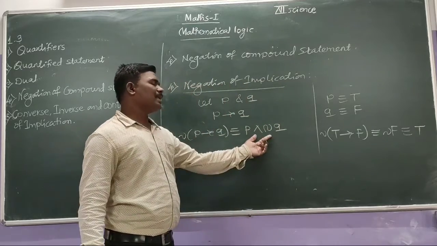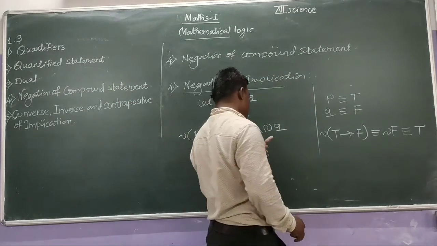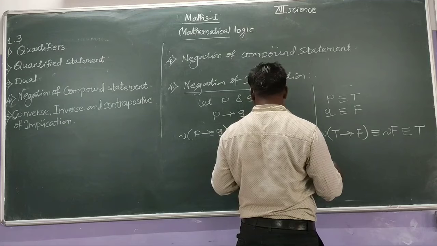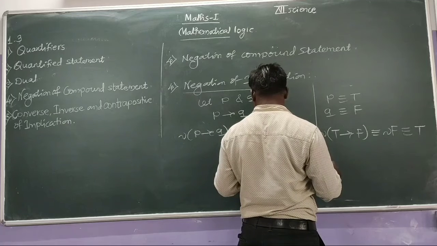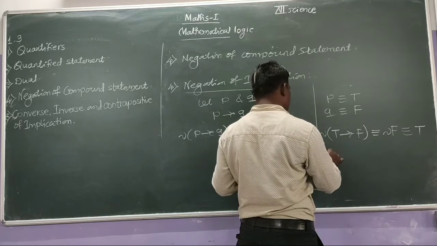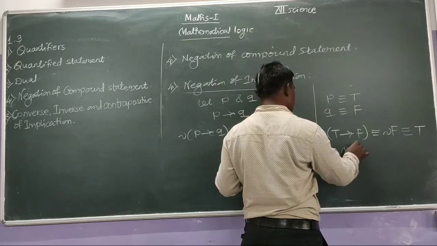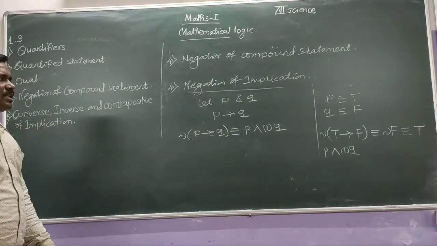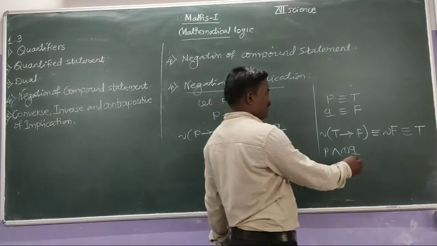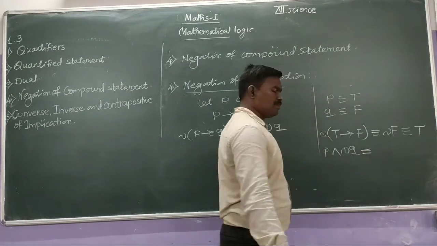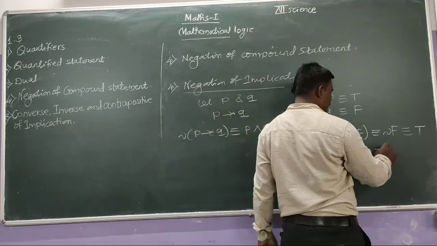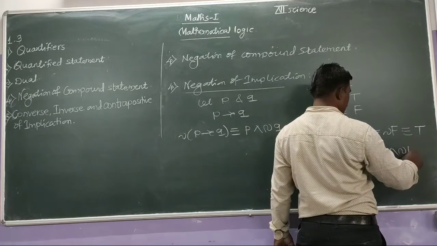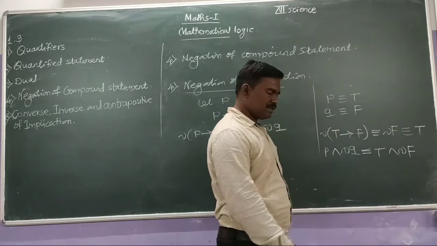Now let us take the LHS. Therefore which is equal to the RHS: P conjunction negation of Q, which is equivalent to P that is true conjunction negation of Q that is false.